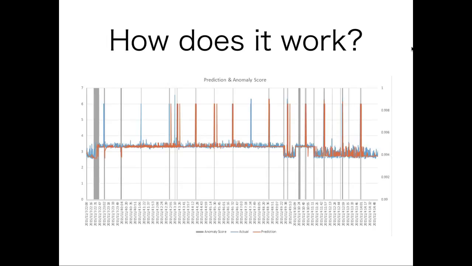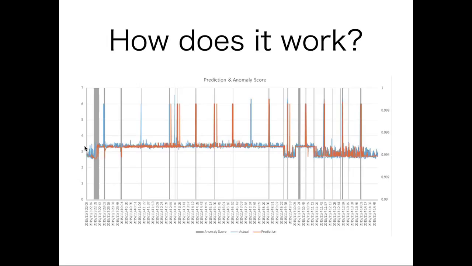So how does it work? This is a graph I made based on my sample. The gray bar means anomaly score. The range is from 0.99 to 1. The blue line means actual values, and the orange line means predictions.